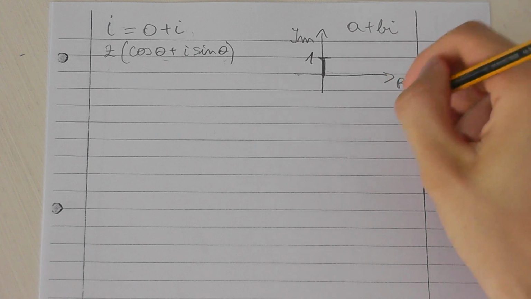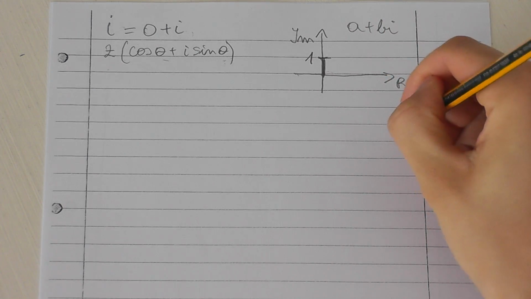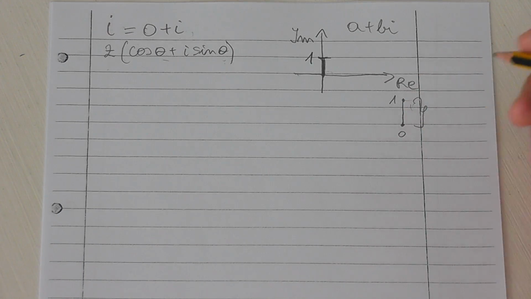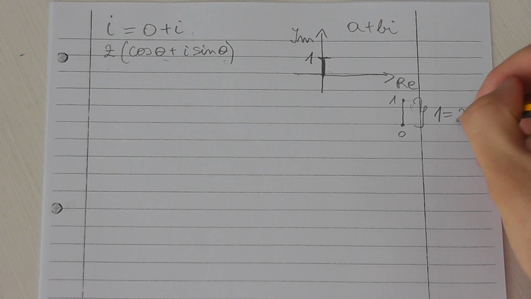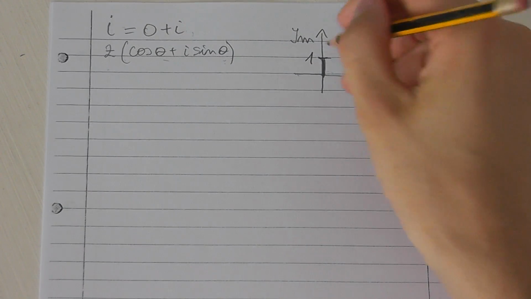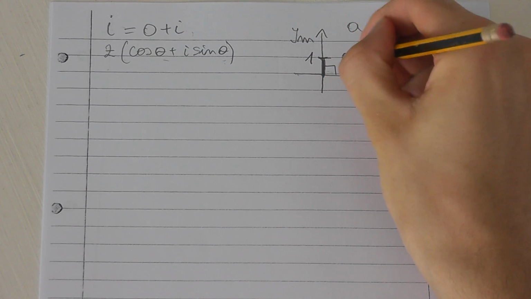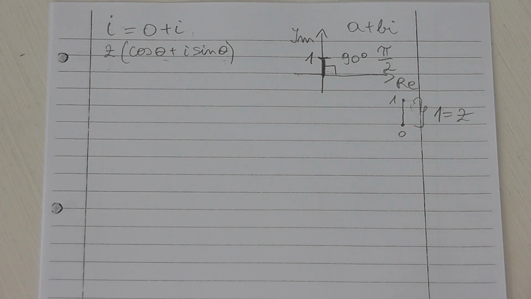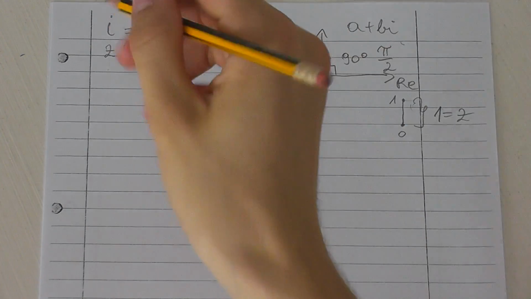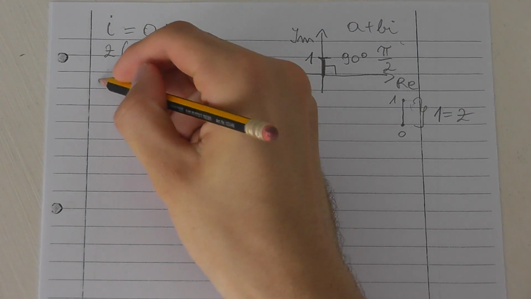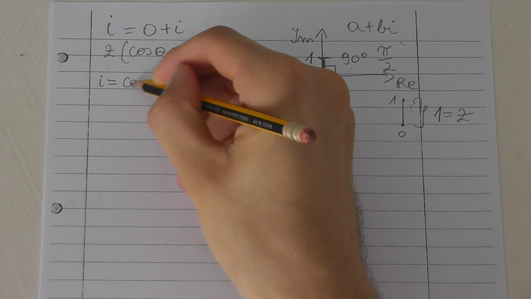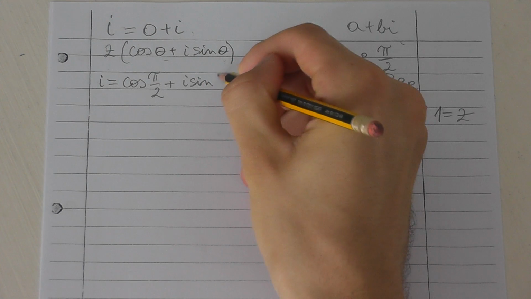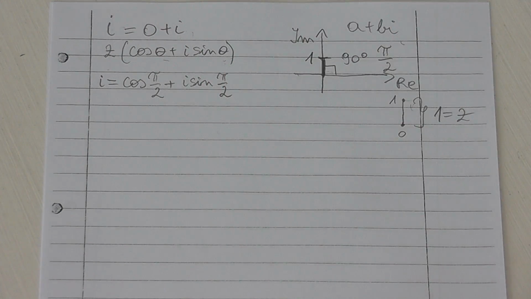Now this is very nice because anyone can conclude that a line going from 0 to 1, its length is of course 1, and so our modulus is 1. And because this is a right angle, which is 90 degrees or pi over 2, that is our argument. Hence, I can rewrite i as cosine of pi over 2 plus i sine pi over 2.